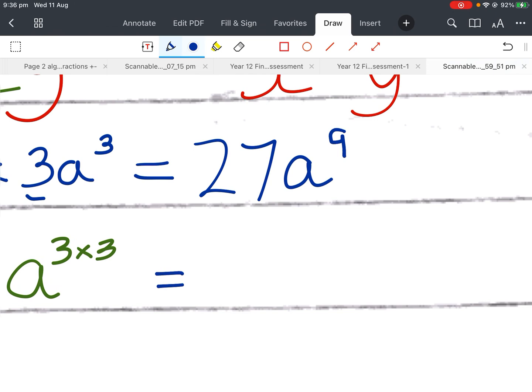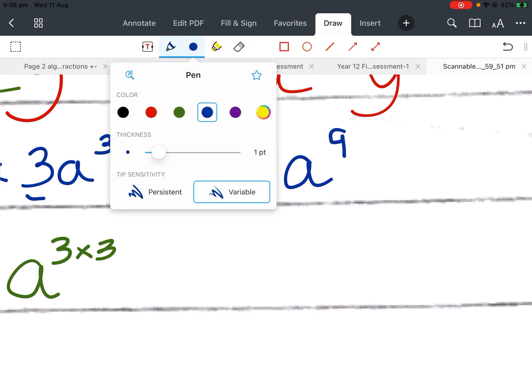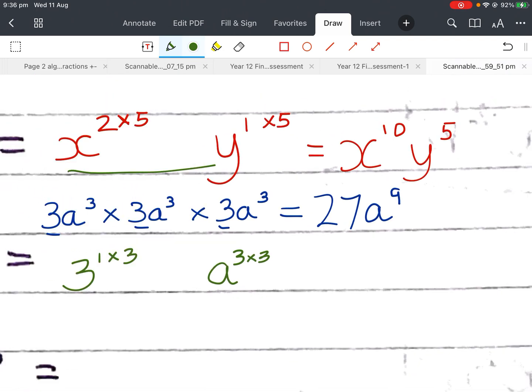Now, if you want to do it the green way, I'll get rid of that, sorry, and do it in green. It's the same question. You're going to do 3 to the power of 1 times 3 gives you 3 to the power of 3. Now you can do that on your calculator. 3, press your power key, either y to the power of x, or x to the power of y, or x to the power of box, and then a little 3 up the top, and that will give you 27.